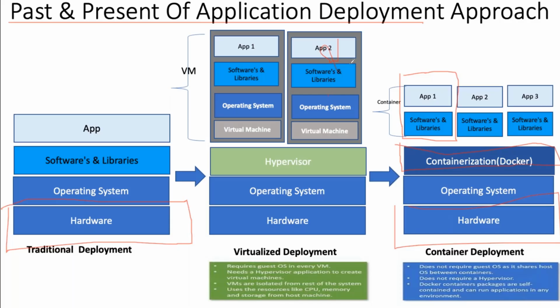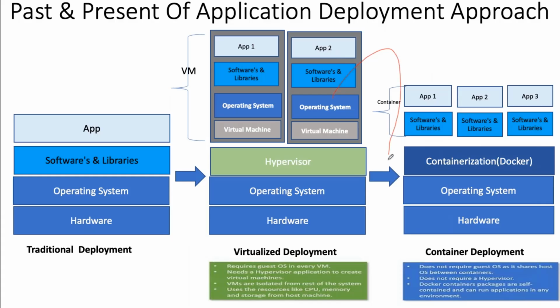Consider this one VM. On top of that VM, instead of deploying applications directly, you are bringing containerization on top of the same OS. On top of the same OS, we can deploy multiple applications like this.